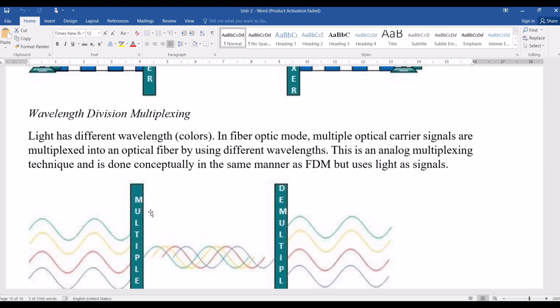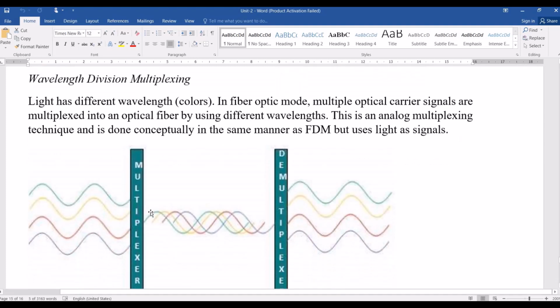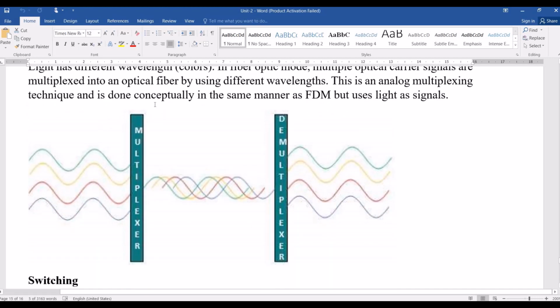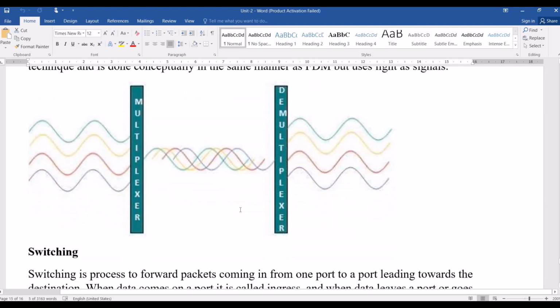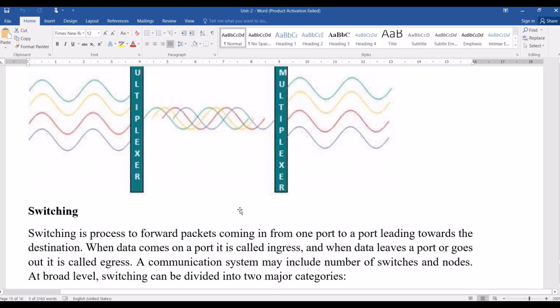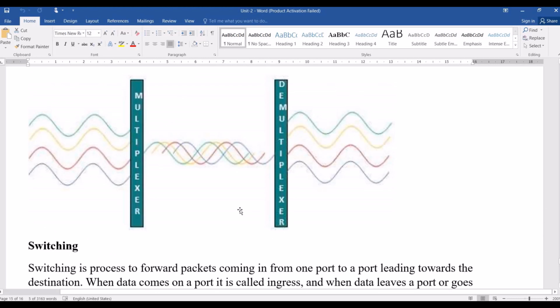So it's almost the same as frequency division multiplexing, but it uses color for sending. It receives multiple colors, sends them, and demultiplexes them using the wavelength of the color. Okay, these are the multiplexing types: time division multiplexing, frequency division multiplexing, and also wave division multiplexing.